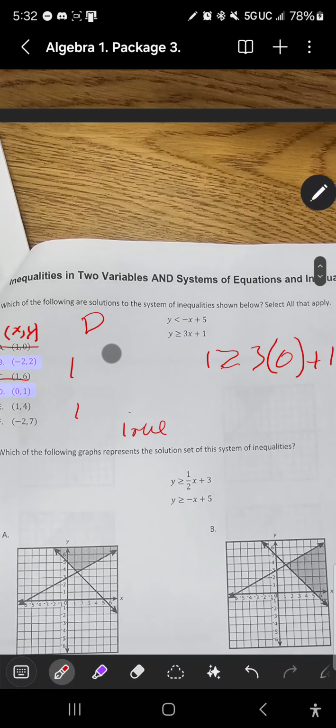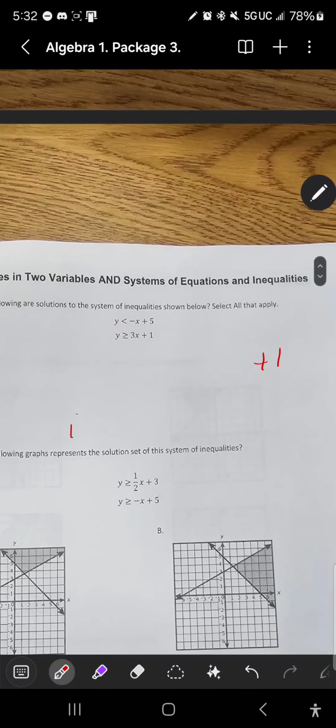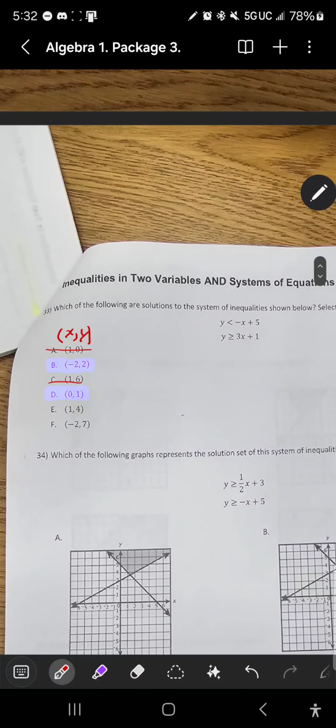Now, E will be 4 less than, not the equal, I'm sorry, negative 1 plus 5. 4 less than 4.